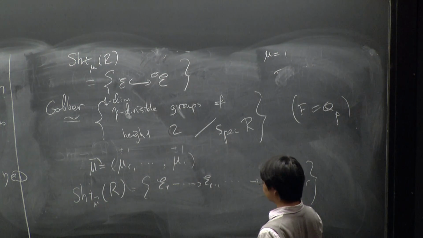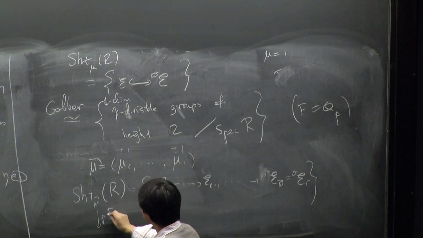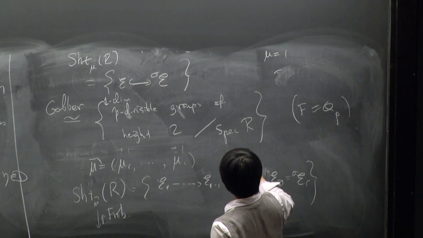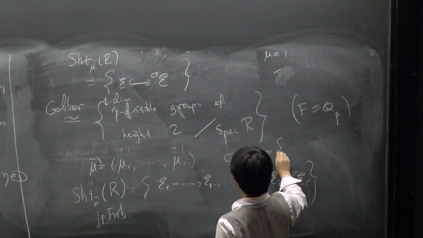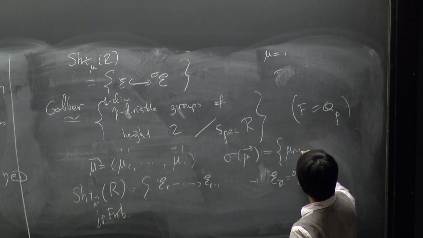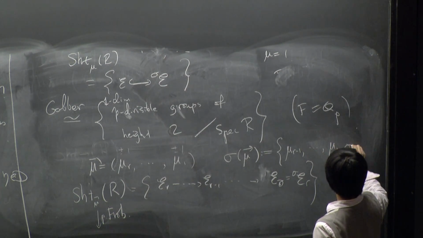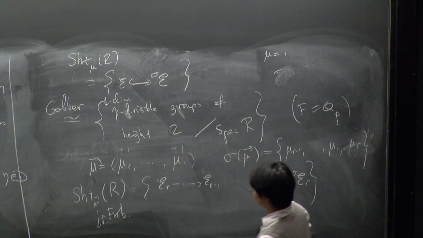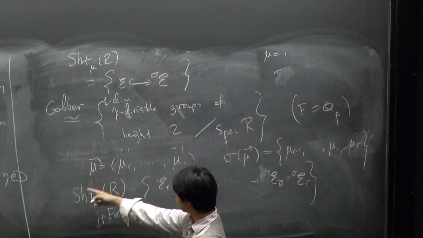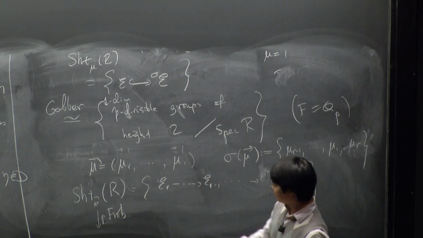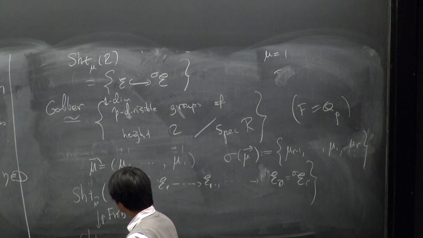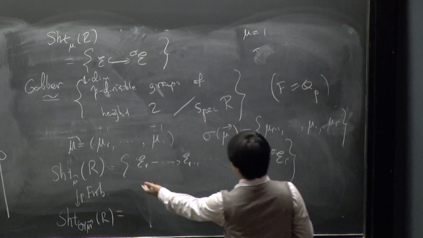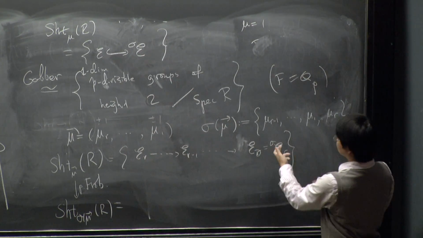And there's a very important operation you can play here. If you start from here, there's a notion of partial Frobenius map. Let me denote by sigma nu the sequence mu_{r-1} up to mu_1, then mu_r. Then you have a morphism from this moduli space of Shtukas of type mu to the moduli space of Shtukas of type sigma mu, which classifies the corresponding modifications given by this.